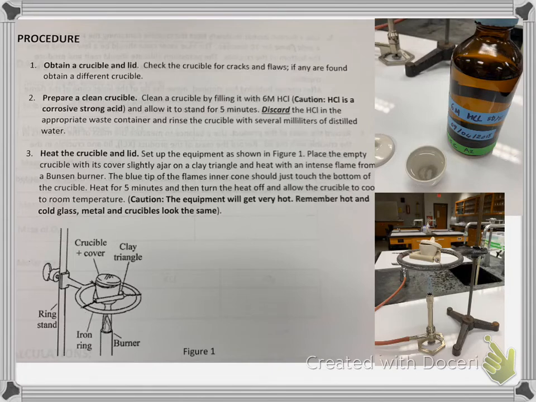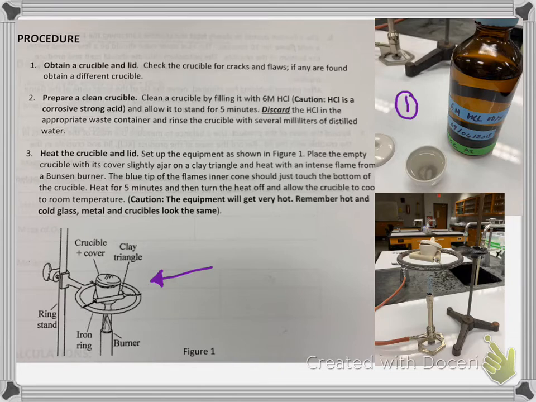So this setup looks similar to what we did when we did the empirical formula. Right here is what I was going to set up the experiment as. The first thing I did was get a crucible and a lid, and I cleaned it using hydrochloric acid. There was some bubbling as the hydrochloric acid reacted.